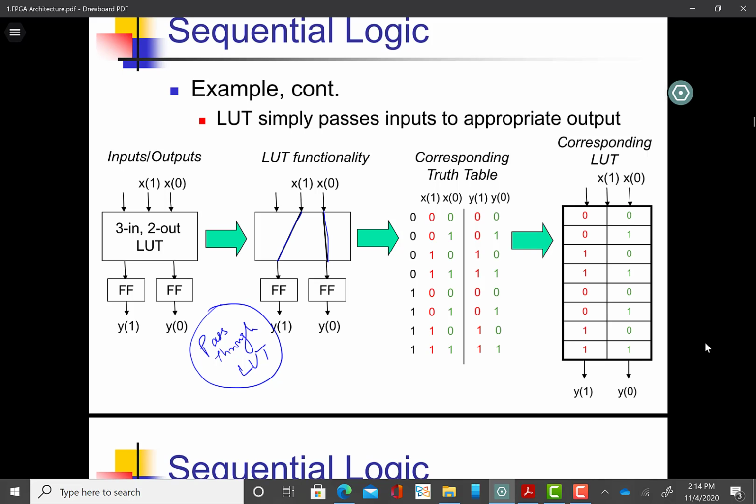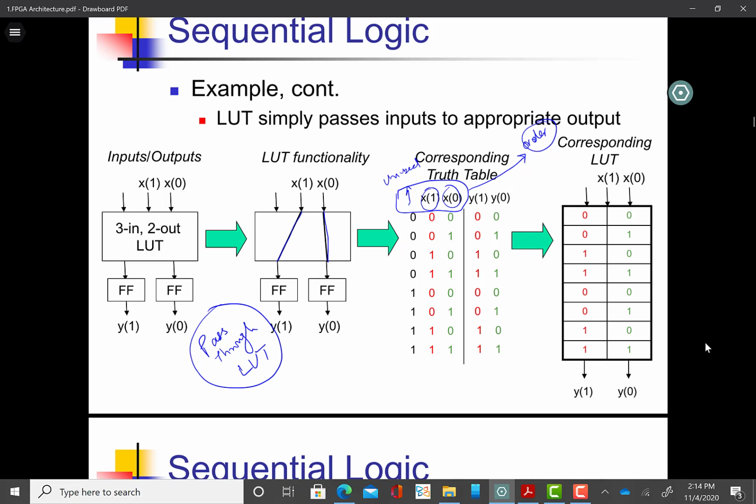Okay, so how can we find the functionality of this? So this is our unused input. This is x1, this is x0. Remember that the order of variables is important. So this order is very important.